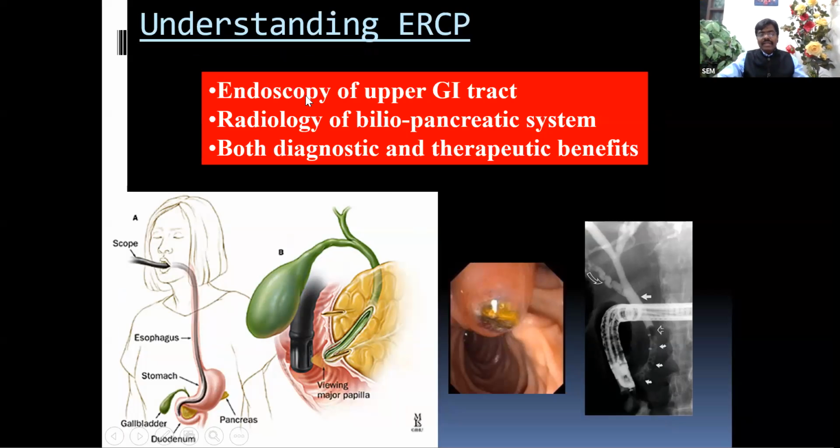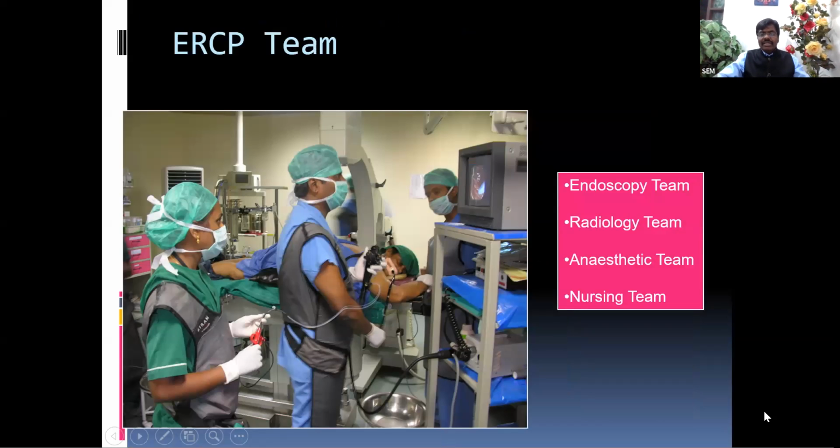So it is the endoscopic visualization of the upper GI tract, radiological evaluation of biliary and pancreatic system, and also you are able to do various therapeutic procedures through the ERCP. So you should be able to tell something about ERCP even if they ask you in Viva. ERCP, it is a 4-letter word, and it also has 4 important people involved as a teamwork.